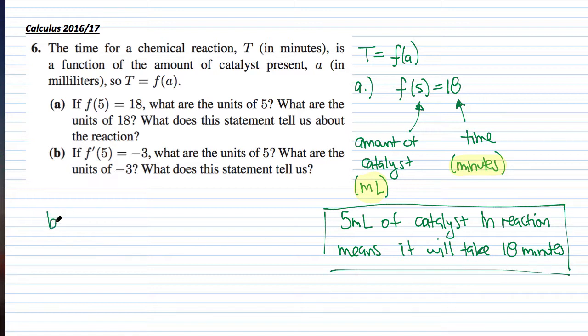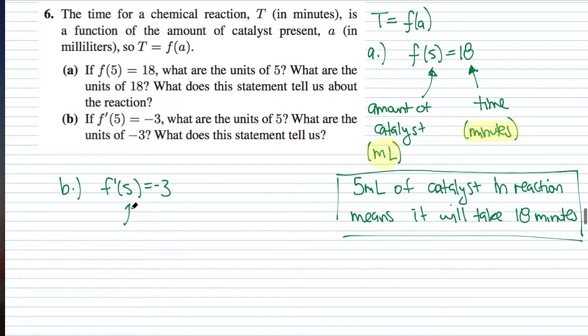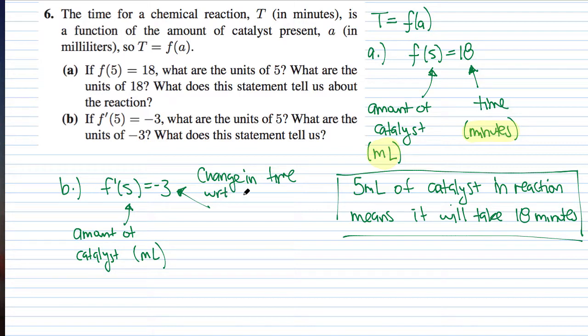Now B says, if f prime of 5 is negative 3, what are the units of the 5? So the 5 is still the amount of catalyst, and that's in milliliters still. And then the negative 3 is now, how does the time change as a function of the amount of catalyst? So it's the change in time with respect to the amount of catalyst.